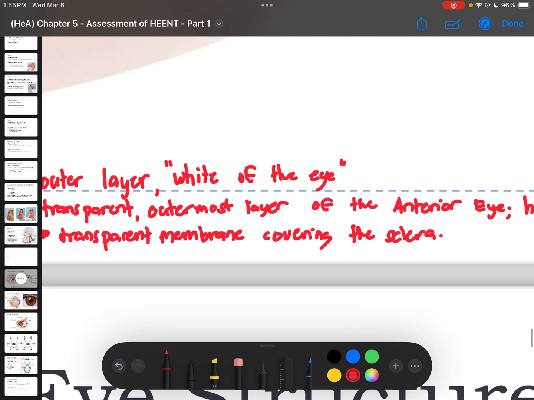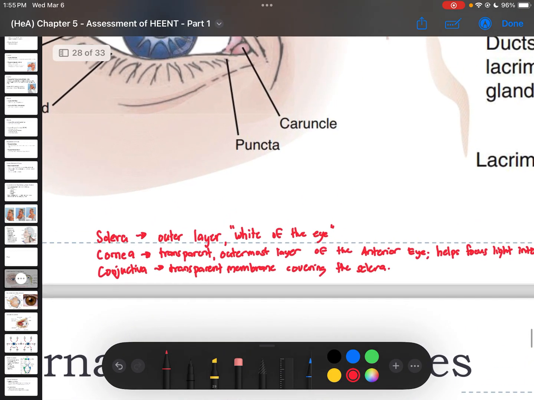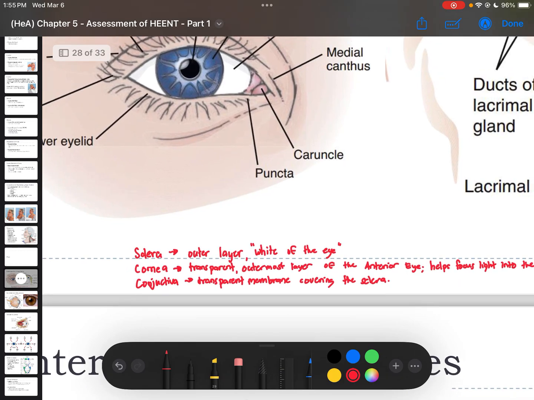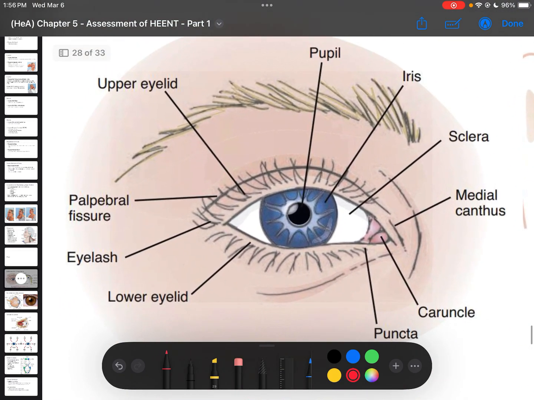Now what we mean by that is this. If you pull your eyelids down and you look up, you will see the red part of your eyelids. That is what we mean when we say our conjunctiva. It is transparent, but what we usually see is red because it is highly vascularized.